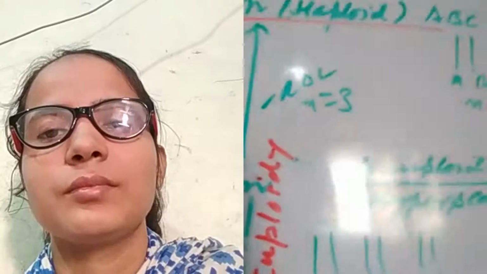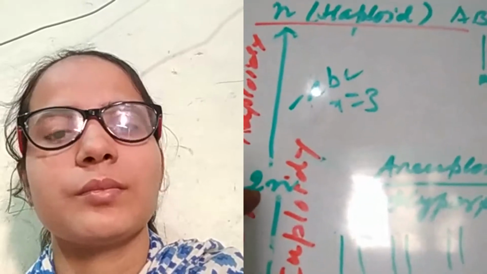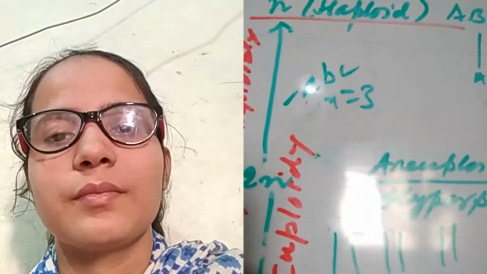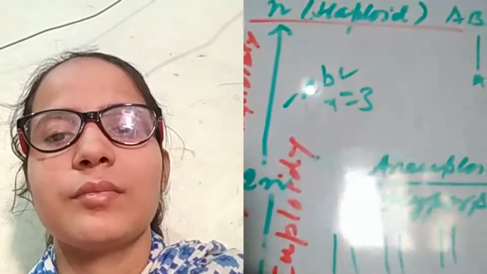Now look at polyploidy. What will happen if this is the diploid number of chromosomes, and there are three pairs of chromosomes, and 2n is equal to 6?